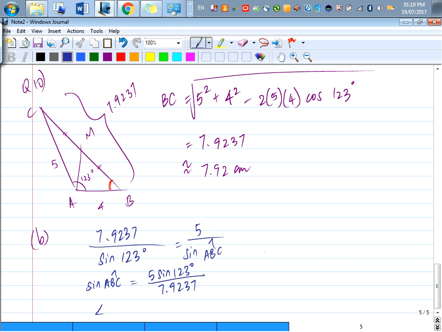And you will find angle ABC in 3dp, then round it off to 1dp.